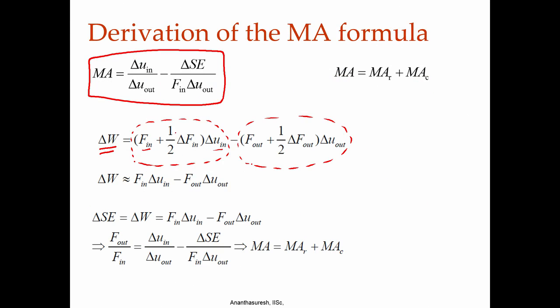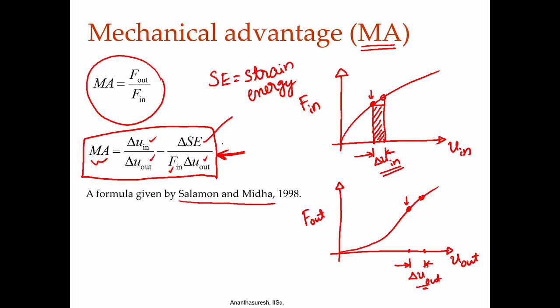The other part, half of delta F_in times delta u_in, is this little portion, so I will just fill it. Basically, the area under this is what we are looking at when we say we have the input work. So, this entire area will be delta W_in.